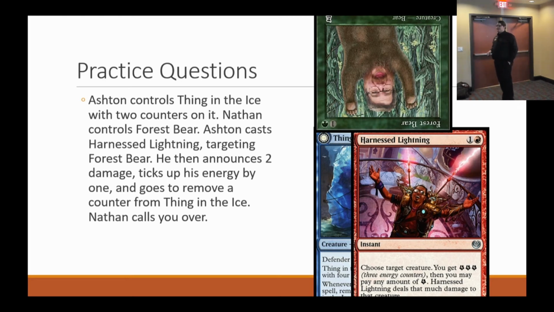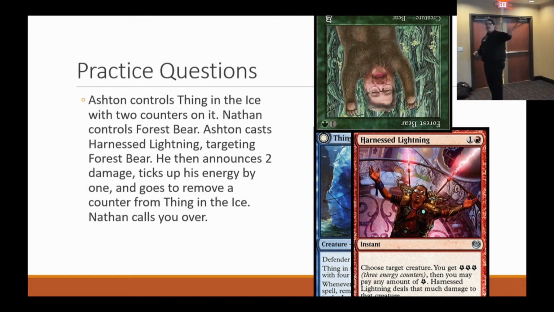I'd like to remind you back to Glimpse of Nature and Elvish Visionary. If I go to draw a card from Elvish Visionary, I have missed my card draw from Glimpse of Nature. So when I go to draw 2 at the same time, it can't be argued that I'm going for the first one, then going for the second one. So there is a line to draw between missed trigger and out of order sequencing. He can't forget the Thing in the Ice trigger.